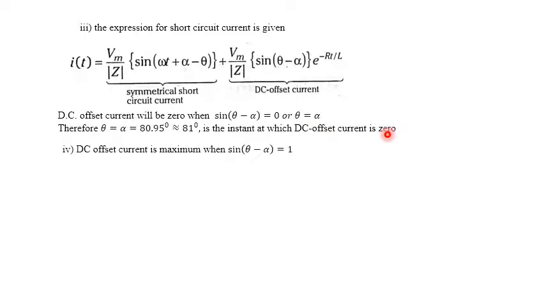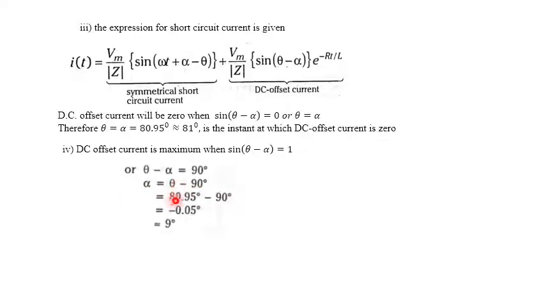Next, the DC offset current is said to be maximum when sin(theta minus alpha) is equal to 1, that is sine inverse of 1, which is 90 degrees. So theta minus alpha is 90, and we have to calculate the alpha value. So alpha is equal to theta minus 90.